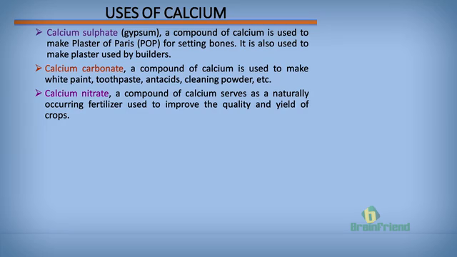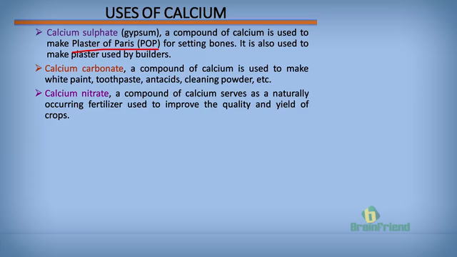Calcium sulfate. This is a compound of calcium. Of course, we talked about it when we looked at some compounds that calcium forms. Now, this calcium sulfate is used in making plaster of Paris, as we saw in our lesson. And this plaster of Paris is used for setting bones.